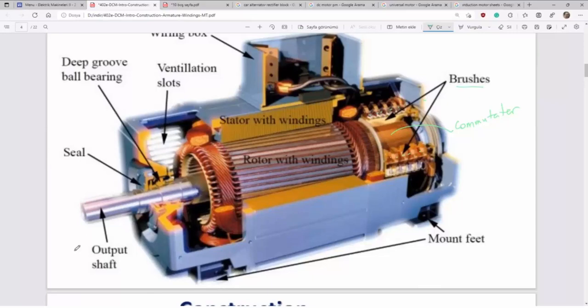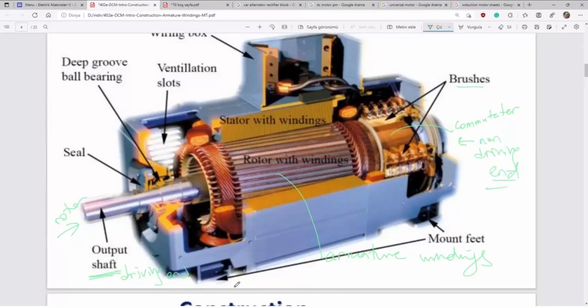That is rotor. On rotor part, you see armature coils, armature windings. That is shaft or output shaft or driving end. Sometimes we say driving end. This side is non-driving end.